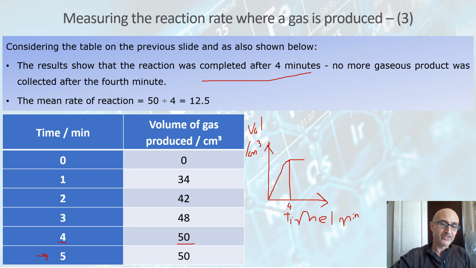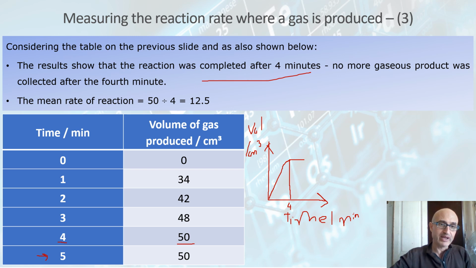No. At 4 minutes, 50 was the maximum increase in volume, and it did not go beyond 50, therefore the reaction ended not at time 5 minutes, but at time 4 minutes.